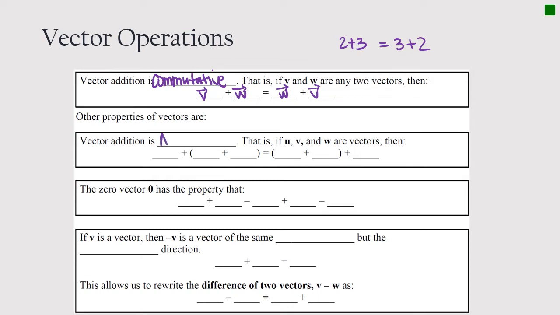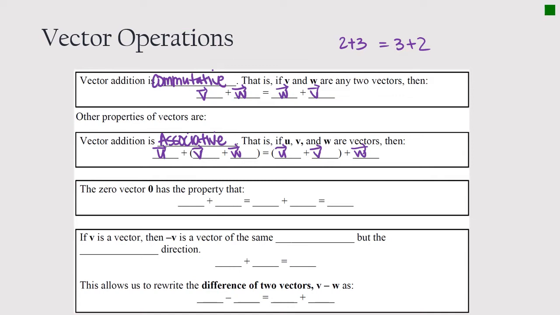Vector addition is also associative. So for example, if we have three vectors, u, v, and w, if I first added v plus w and then took that sum and added it to u, I would get the exact same answer as if I added u to v first and then added that sum to w.